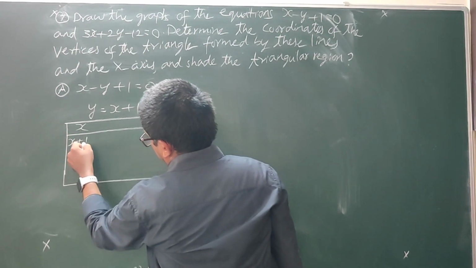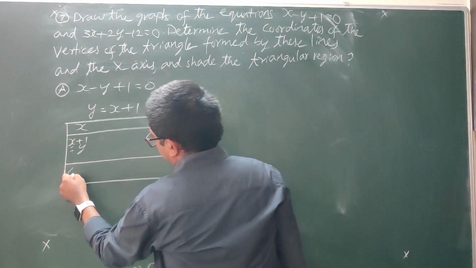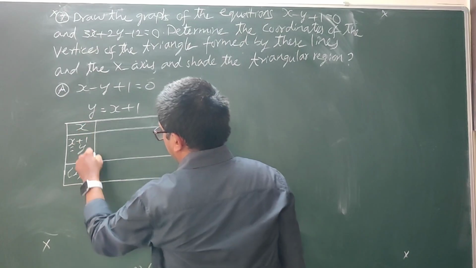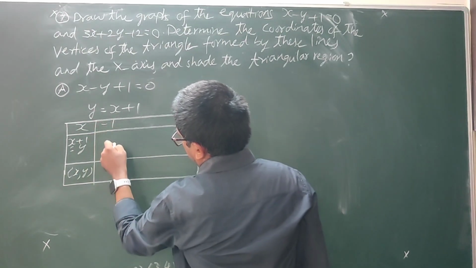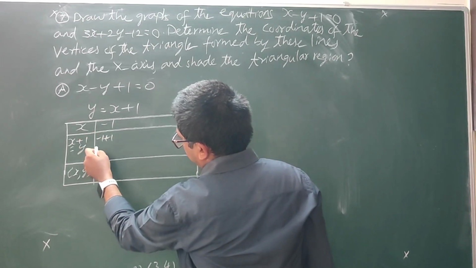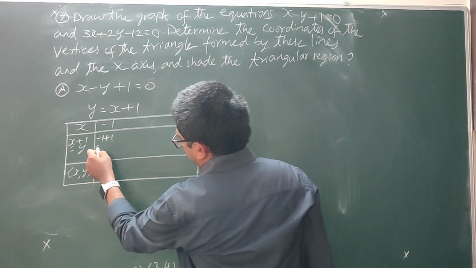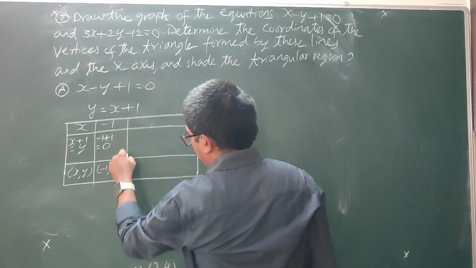This is x plus 1 which is equal to y. And this is x comma y point. So here let me take first minus 1. x minus 1 means x plus 1, minus 1 plus 1 equal to 0. So the point is minus 1 comma 0.